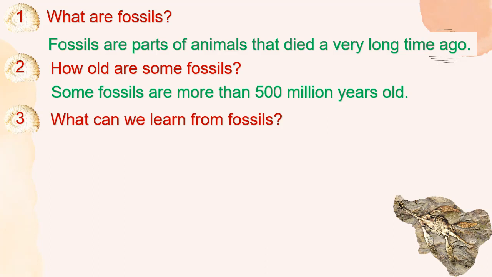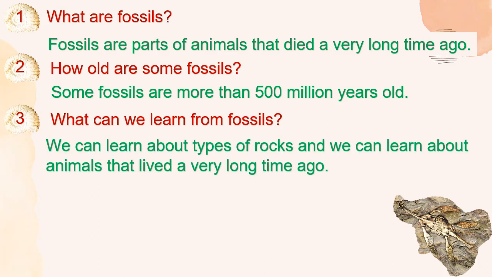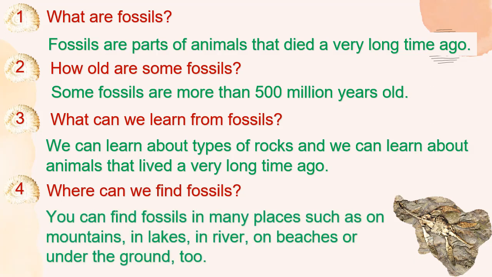What can we learn from fossils? We can learn about types of rocks, and we can learn about animals that lived a very long time ago. Where can we find fossils? You can find fossils in many places such as on mountains, in lakes, in rivers, on beaches, and on the ground.